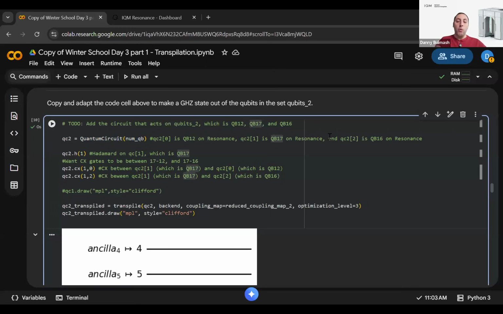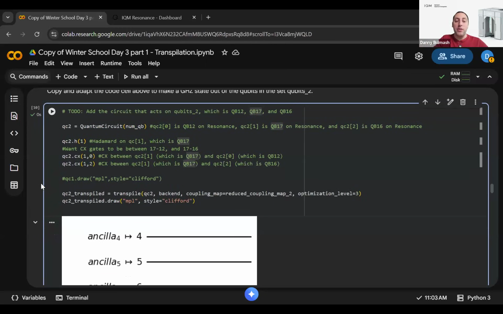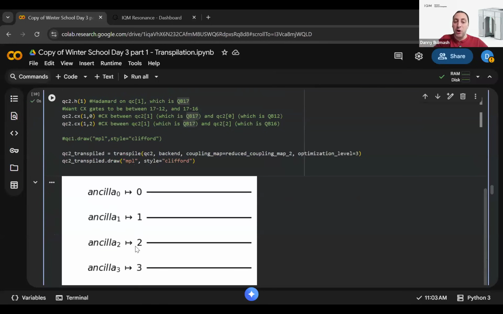Now, separately, when you tell the quantum computer about all of the qubits on Garnet, there is an automatic labeling here, which is the 0 through 19 business. And so the 0, 1, 2 that we have up here, you can think of it kind of like the program's 0, 1, 2, and the 0 through 19 are the hardware's 0 through 19.